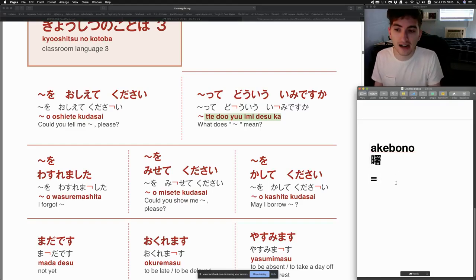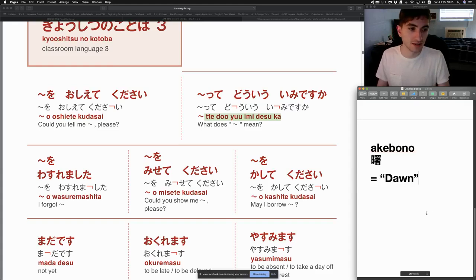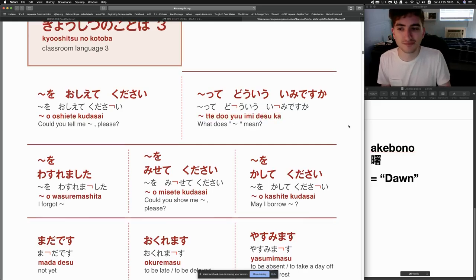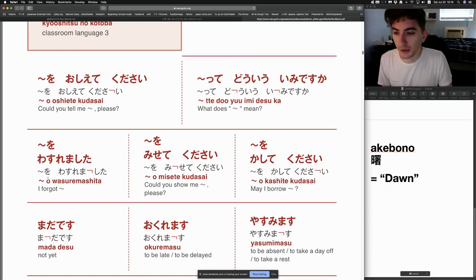And I will tell you, akebono wa dawn の意味です。Dawn, as in daybreak. This is an interesting word. You might not hear it so much. But if you hear words that you don't understand in Japanese, this is a good phrase for you to use. て、どういう意味ですか?